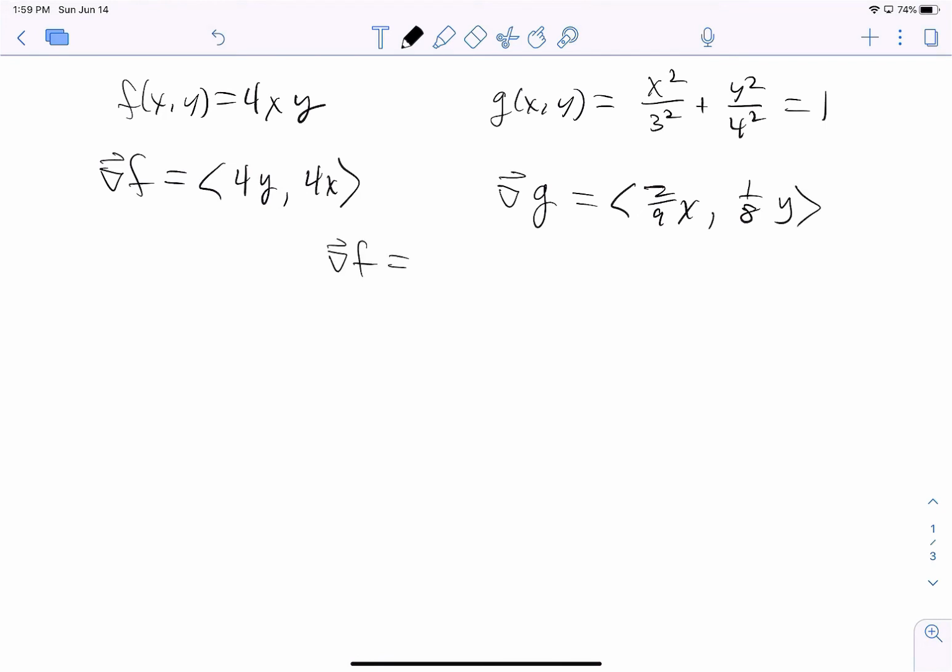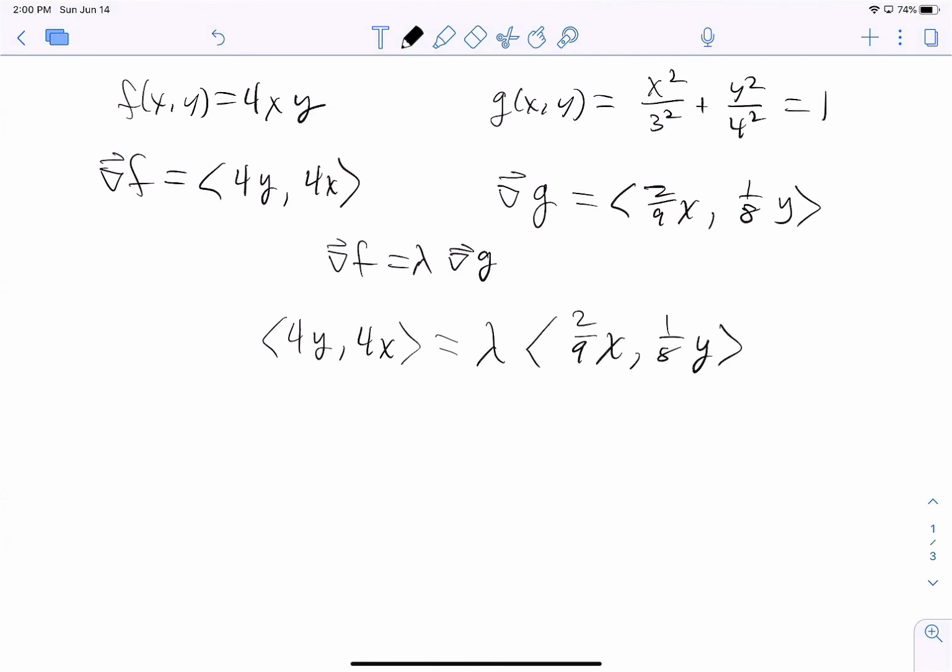If del f is equal to lambda times del g, then the vector 4y, 4x is equal to lambda times 2/9 x, 1/8 y, and that leads us to a couple of equations.